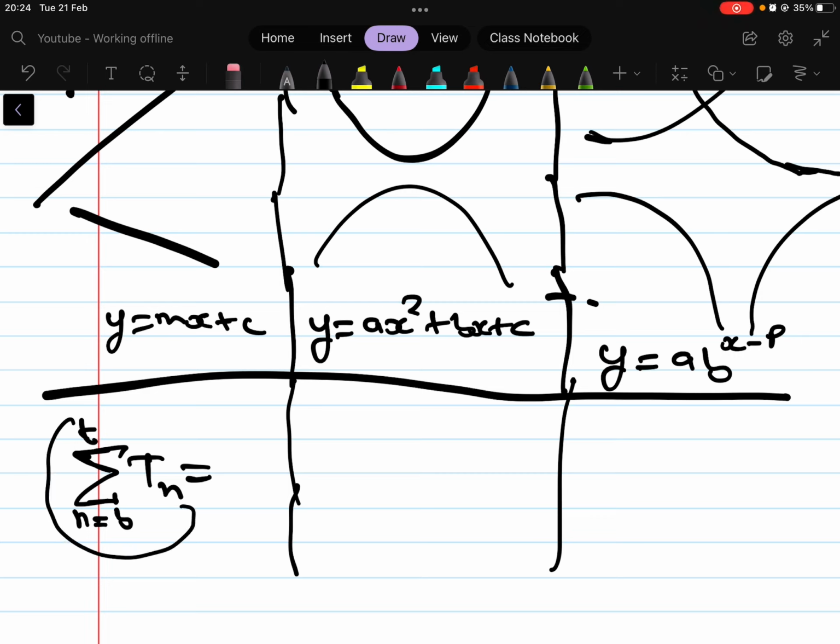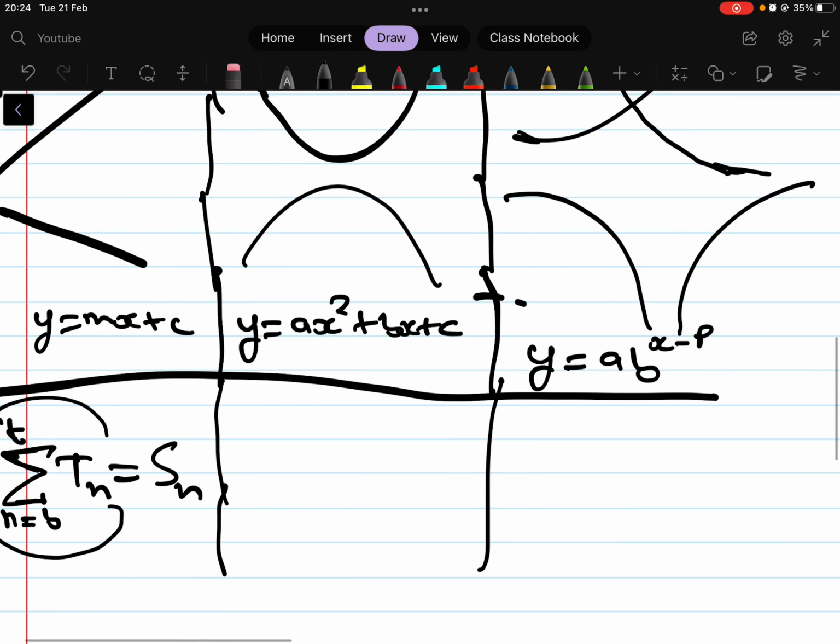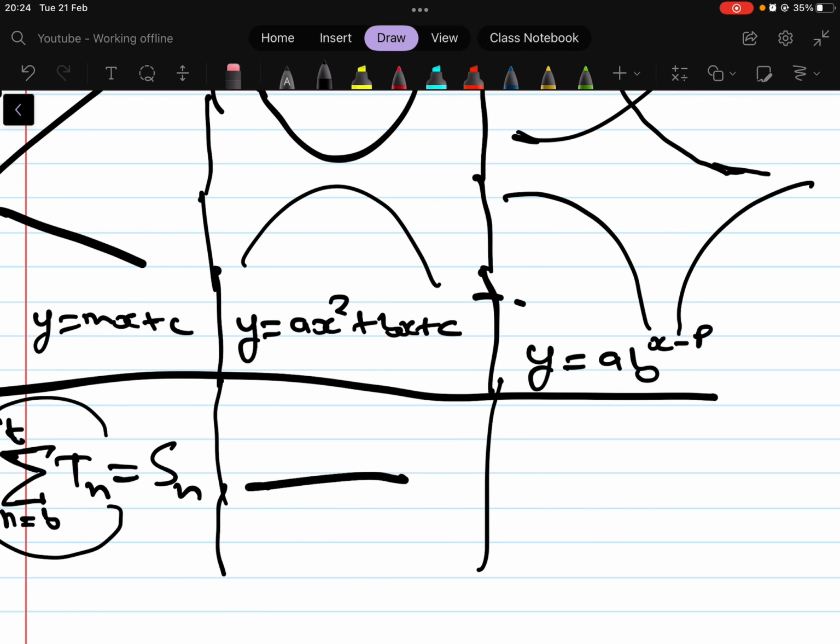If you were to evaluate this, it's going to equal Sn, because sigma basically means the sum. For quadratic number patterns, for grade 12, there's no need for you to learn how to sum the terms. For geometric, however, it's essential that you learn that.